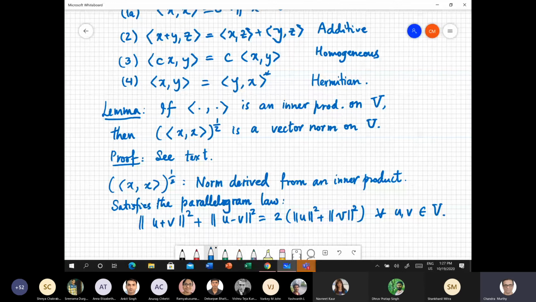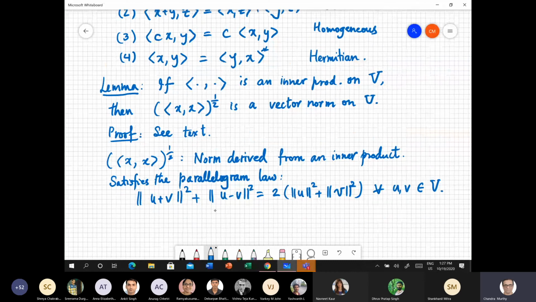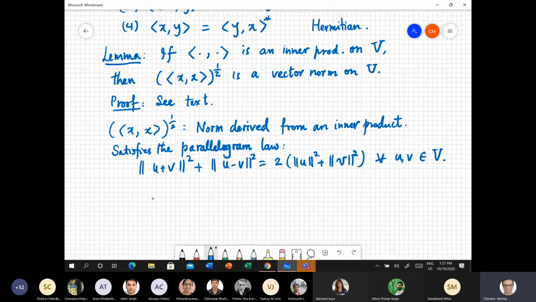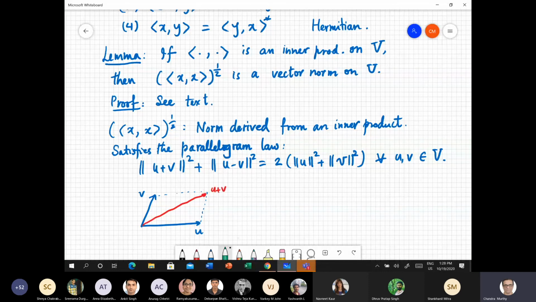And it's called the parallelogram law because if I construct a parallelogram with u and v as the sides, and then complete this parallelogram, then this vector is u plus v, and this vector is u minus v.